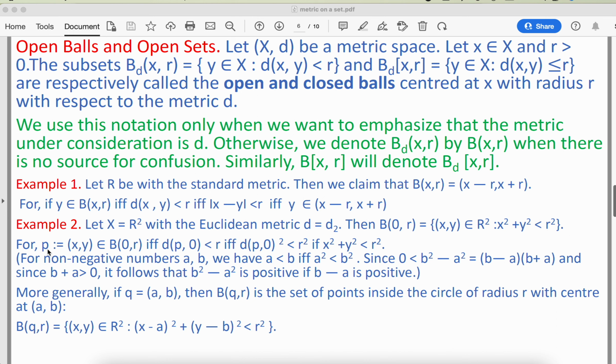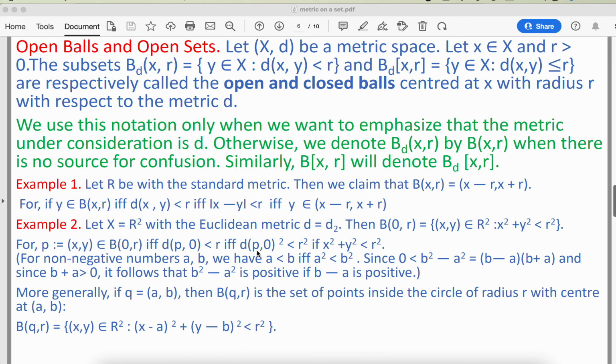Because P, the ordered pair (x, y), belongs to B(0, R) if and only if the distance of P from 0 is less than R. P means the ordered pair (x, y), so the distance of P from 0 squared is less than R squared. In two-dimensional space, here it is (x, y) and here it is (0, 0).